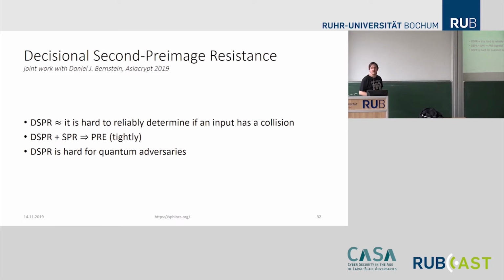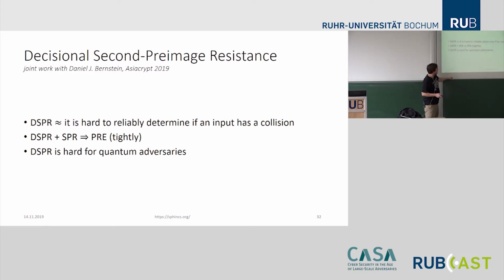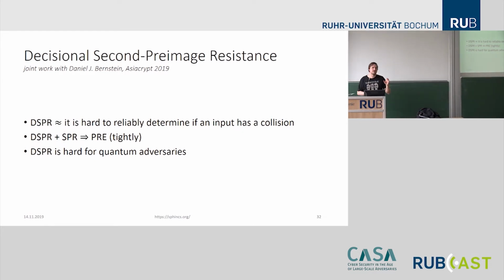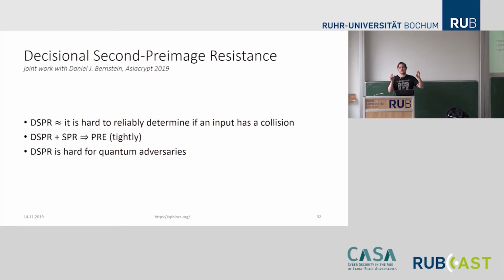What does it mean? It's hard to determine. What's given? I'm the adversary. So the adversary gets an x and is asked to determine if this input x actually has a collision in the domain. Does there exist an x prime such that they collide? Actually, if there exists at least one.